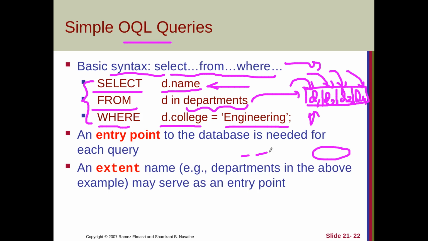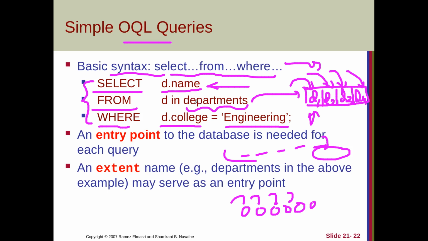We have separate values from which we can select from a single table, but these departments actually consist of a number of department objects, and we are iterating through each object, and for each object we run a search. We are searching for a department with a college of engineering type.